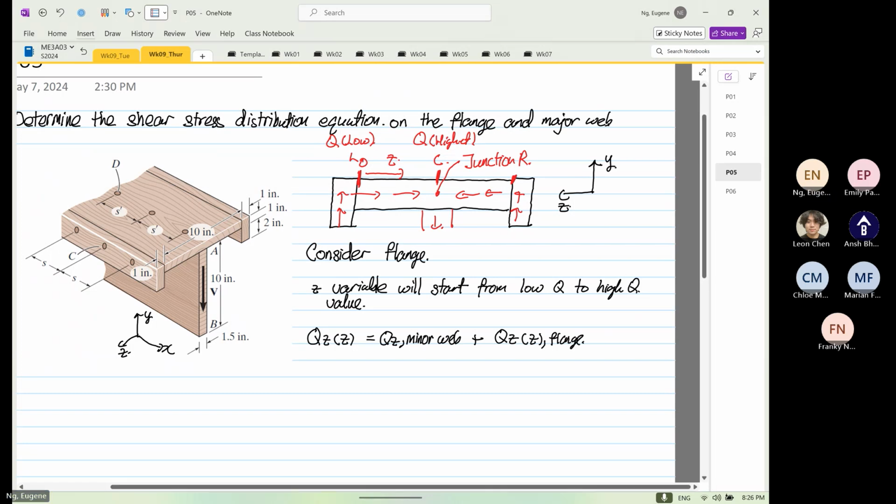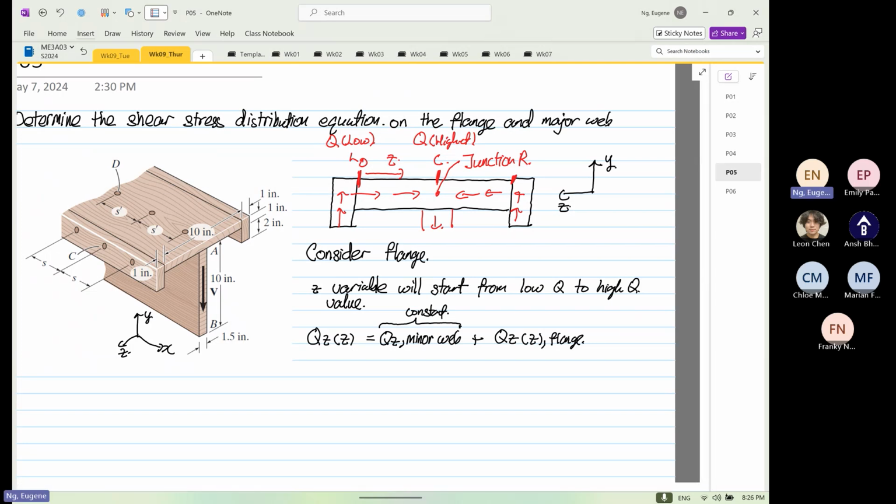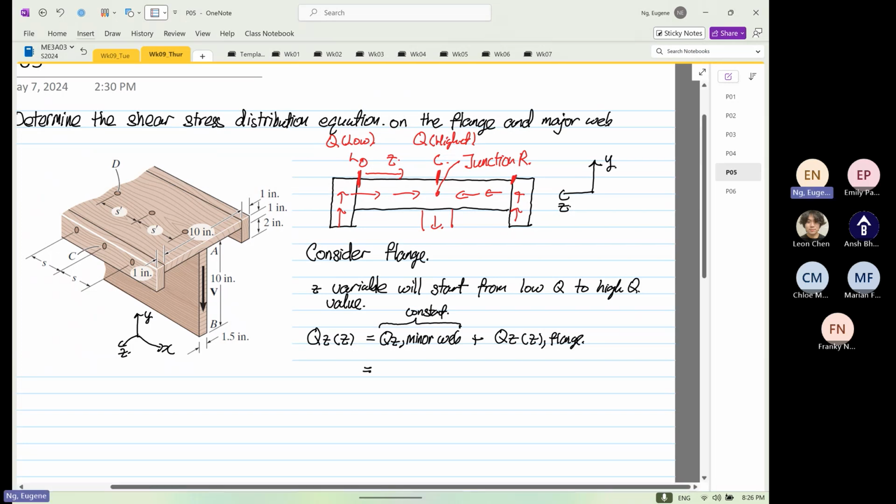This over here is a constant, because the shear flow has to distribute on the entire member. And then the flange is a variable.